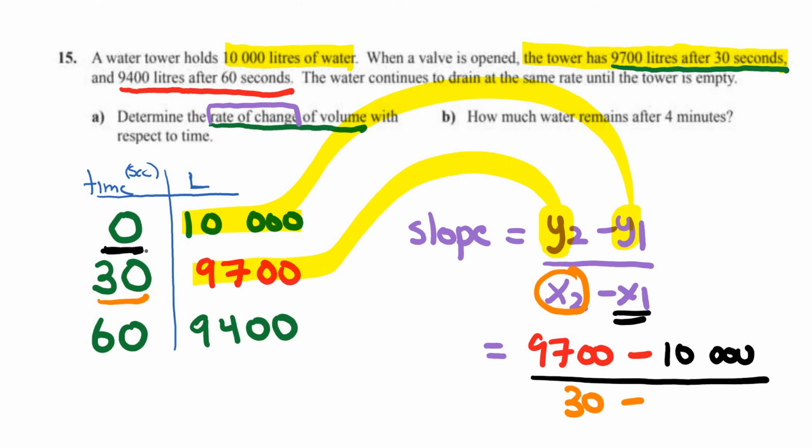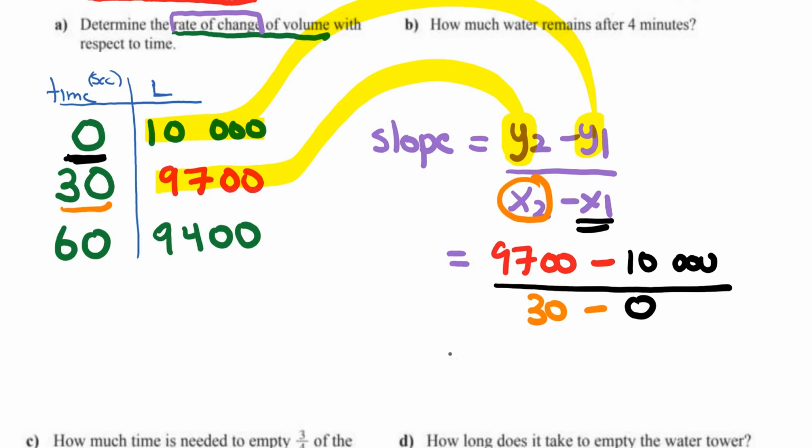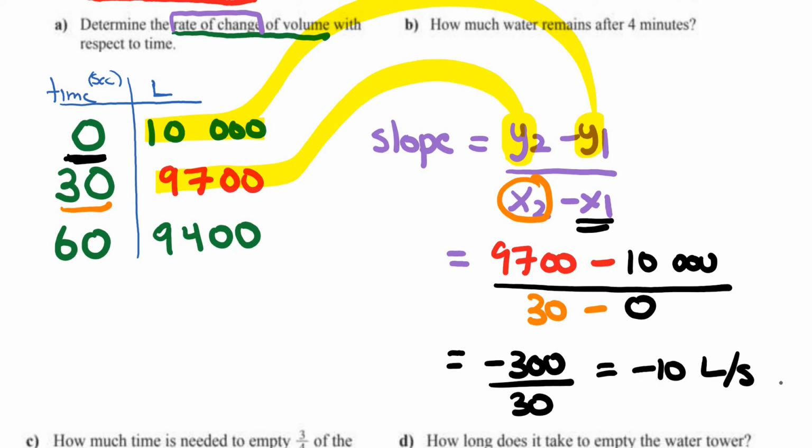Well, that's going to be the 0 value here. So 30 minus 0. Okay, so let's go ahead and calculate this. So 9,700 minus 10,000 is going to be negative 300 on the numerator, and 30 minus 0 is going to be 30, right? So negative 300 divided by 30 is going to be negative 10 liters per second.